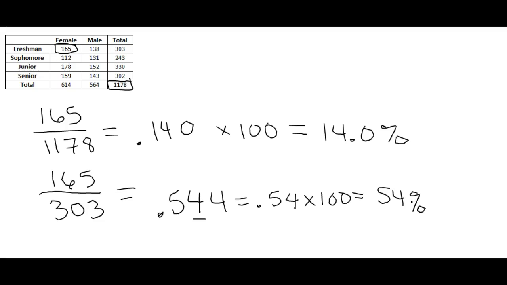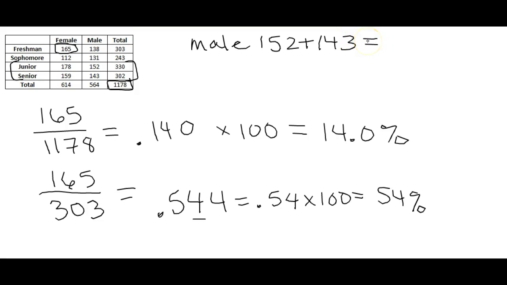So let's just do one more. Let's say we want to pick from the junior and senior class and find one student who is a male. So we're limiting only to these two lines. We're picking from juniors and seniors, and we want to find the probability of picking a male. So the male students, we have 152 and 143. We have to add those together ourselves.